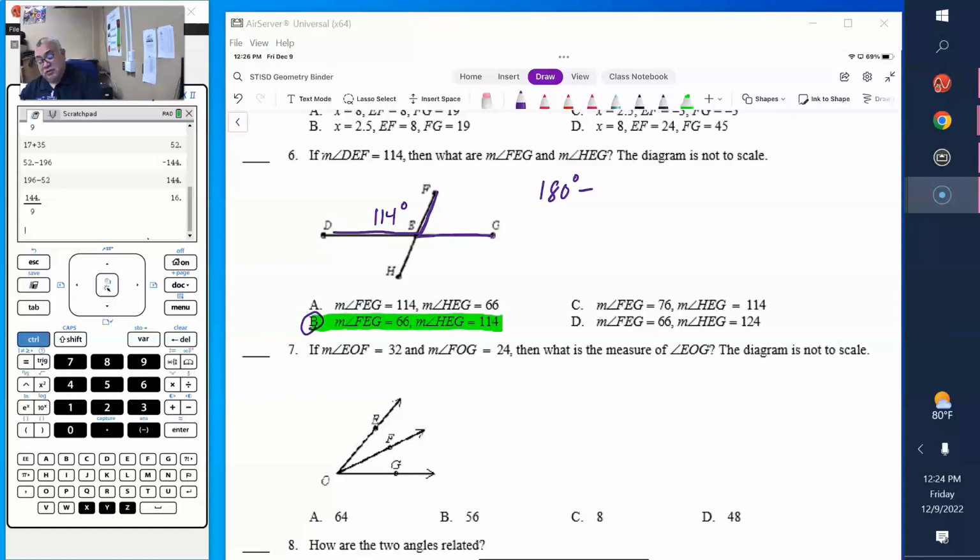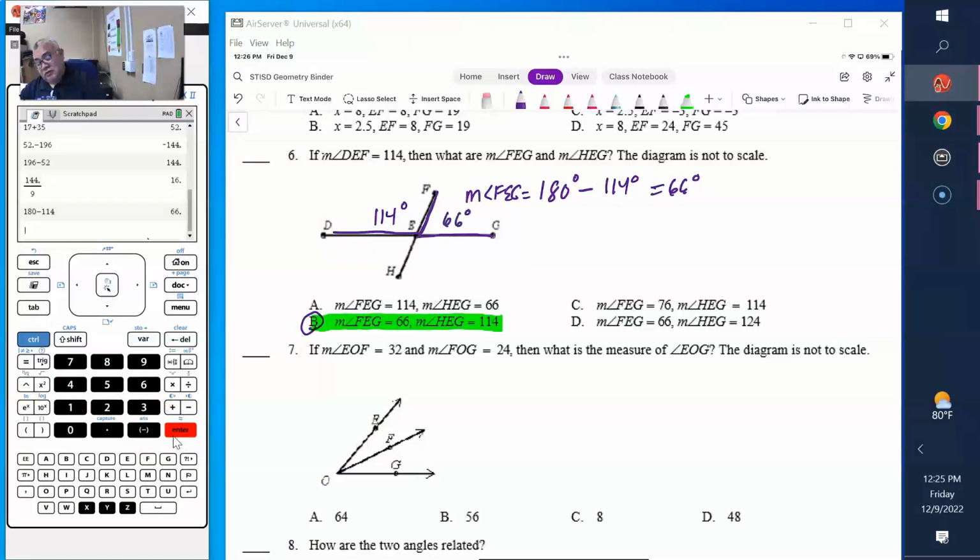So the measure of angle FEG is 180 minus 114, so it's 66 degrees. Angle HEG are vertical angles, so this one has to be 114. So the measure of angle FEG is 66. The measurement of angle HEG is 114.